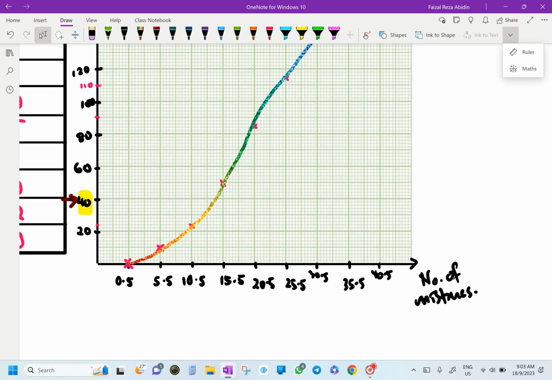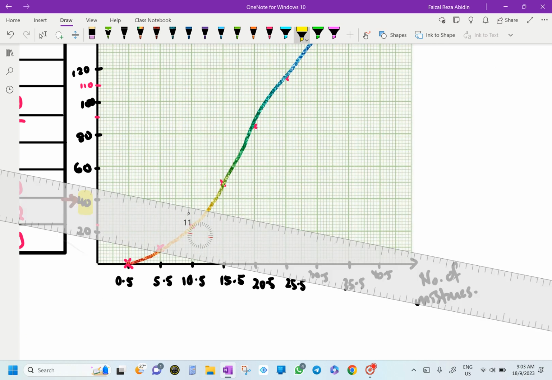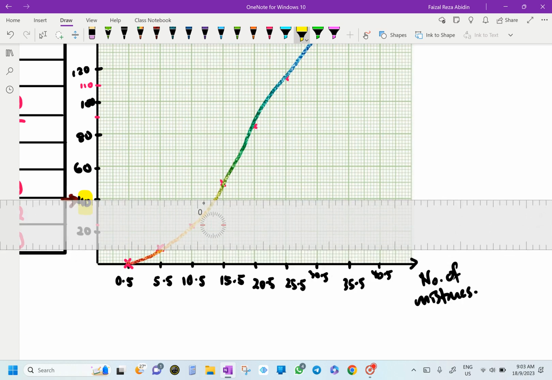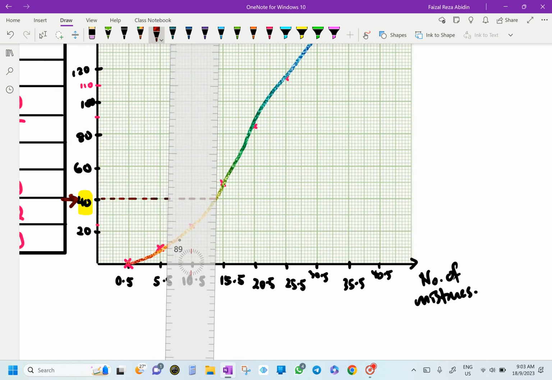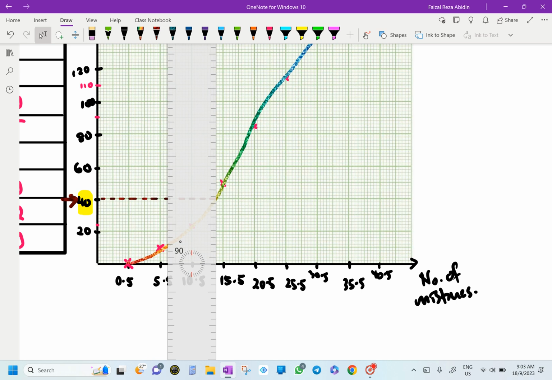Now take your ruler. This one you need to know how to construct. Are we going to use a dotted line? Yep. We are going to use our dotted line over here, from 40 just now until you intercept or hit our graph.